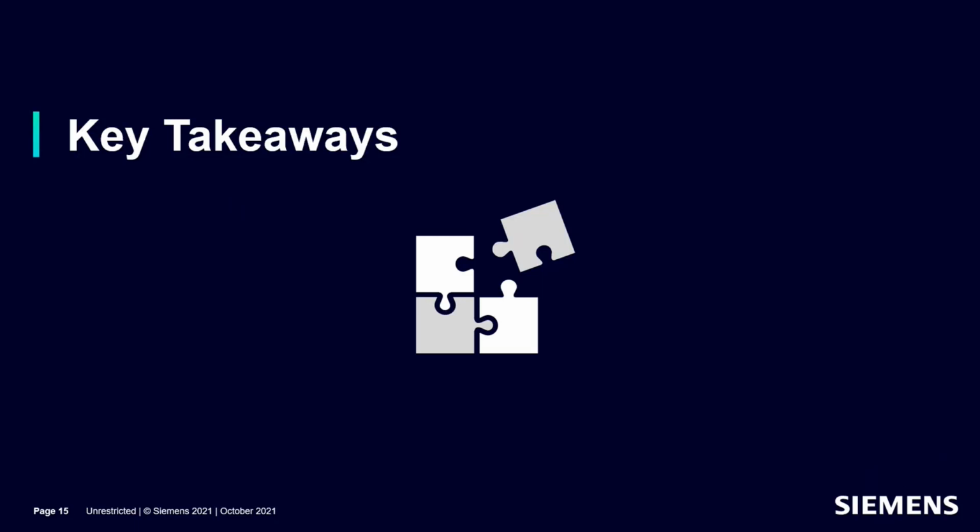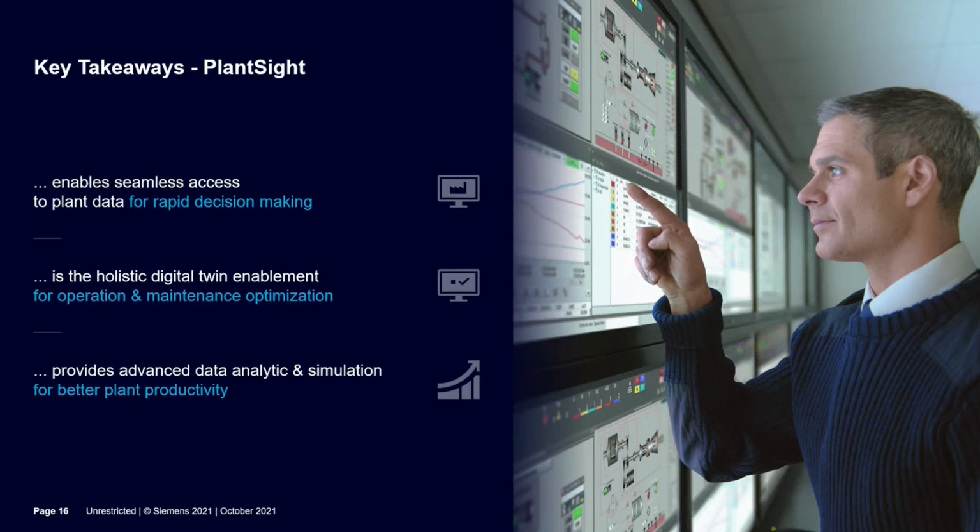Thanks, Gert, for those demonstrations. I'd like to end the session today with some key takeaways from what you've seen from Siemens. With PLANTSIGHT, we can provide a rapid decision-making tool that looks at the digital plant in a holistic manner, comparing engineering and design information with the real-time operating data, so that operations and maintenance, and production also, can be optimized.